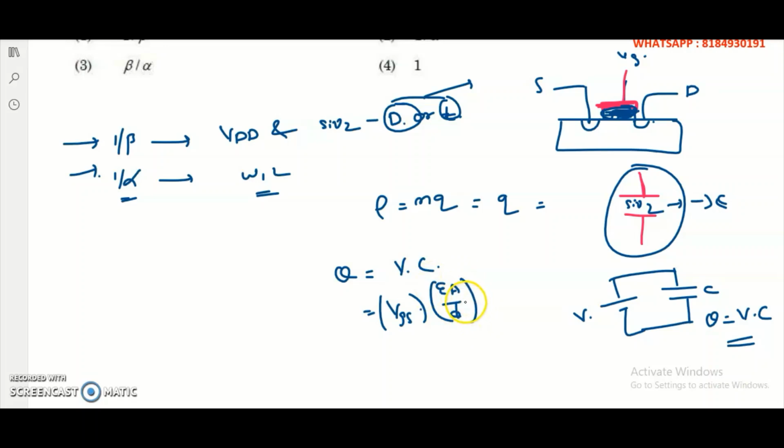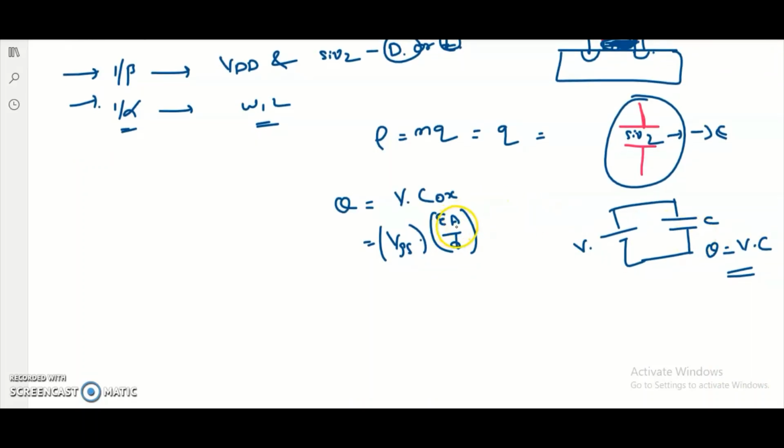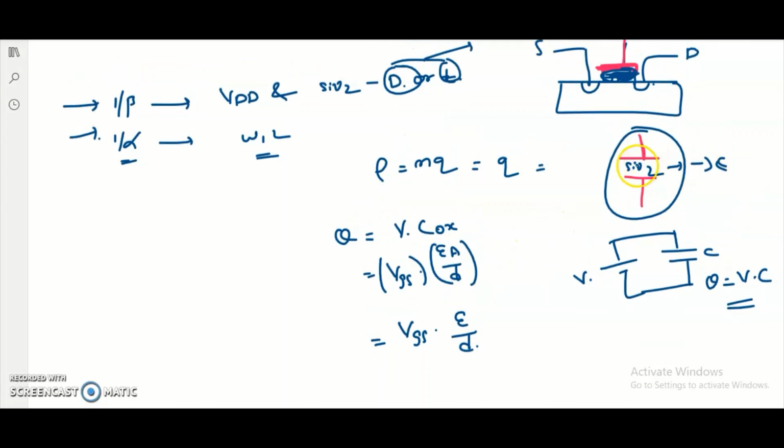While coming to this capacitance, here we take COX, that is the capacitance per unit area, that means of a unit cross-sectional area. Unit cross-sectional area means A is equal to 1, so it is epsilon divided by D, where D is the distance between the two plates, which is also the thickness of the silicon dioxide.